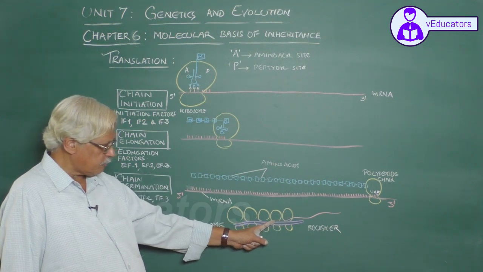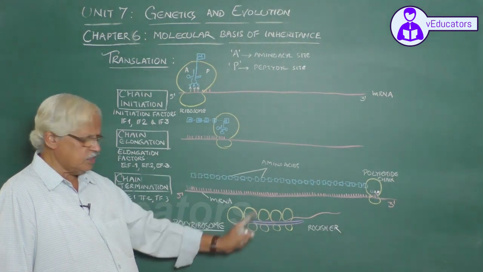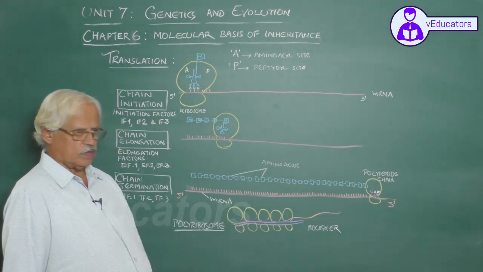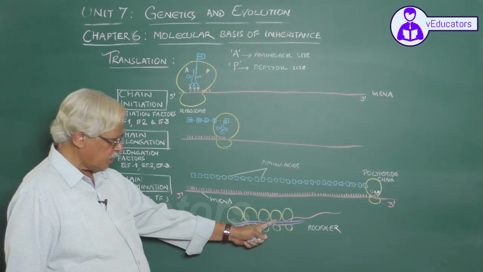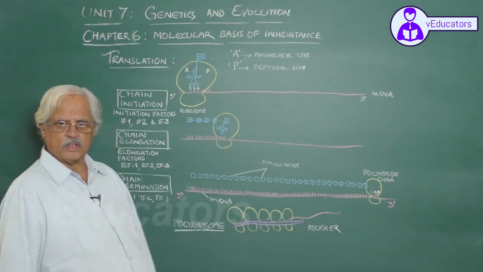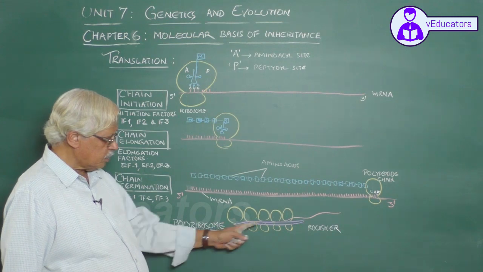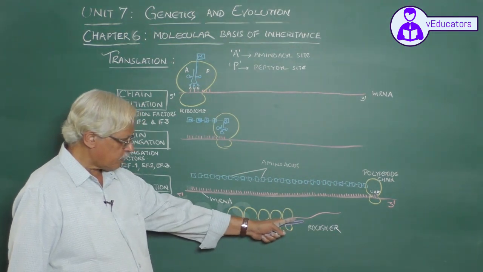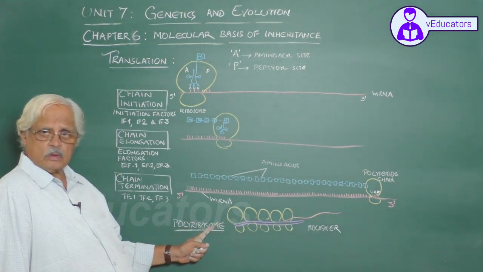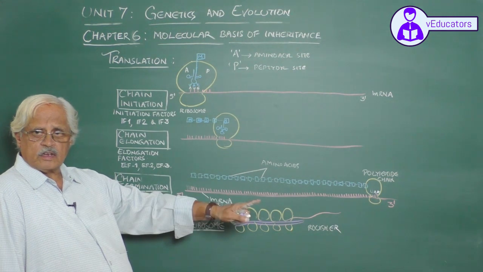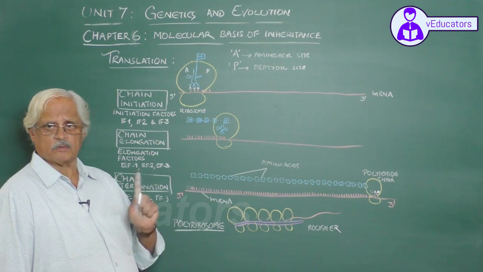Then the same mRNA will come in contact with the second ribosome, chain initiation here, chain elongation here, third ribosome, chain initiation, chain elongation. Like that it may continue, so that the same mRNA can become associated with a series of ribosomes, continuously translating several molecules of the same protein together.